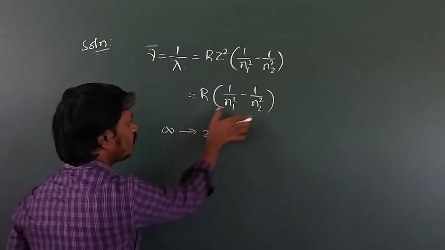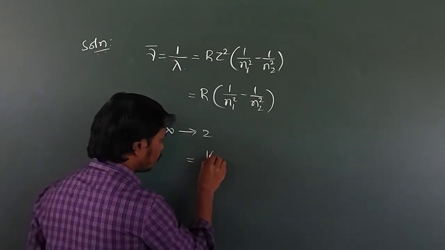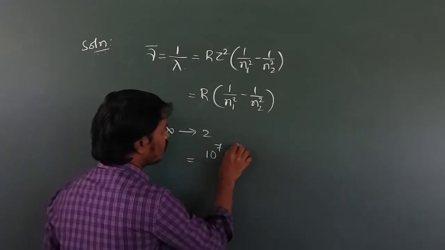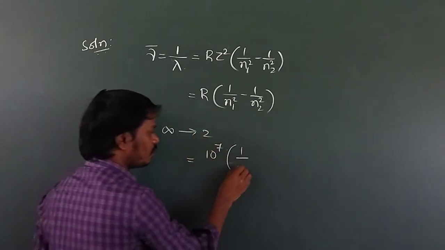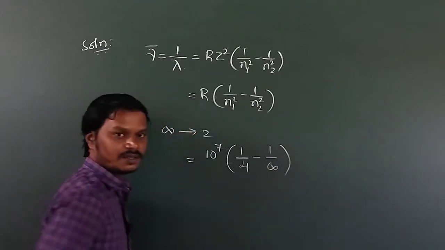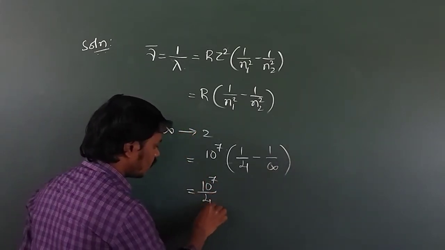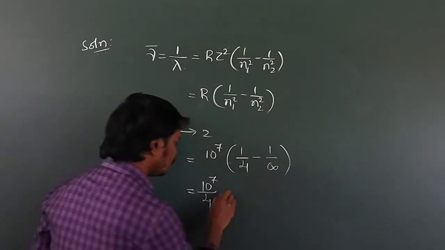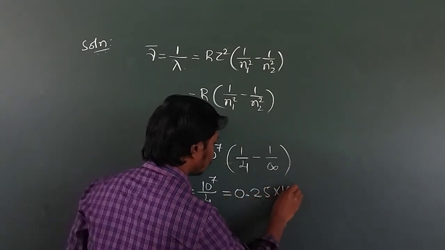So let us put these values in this equation. The R value given is 10 to the power of 7, into 1 by n1 square, which is 2 square, that is 4, minus 1 by infinity. 1 by infinity is 0, hence 10 to the power of 7 by 4. 1 by 4 is 0.25, so 0.25 into 10 to the power of 7.